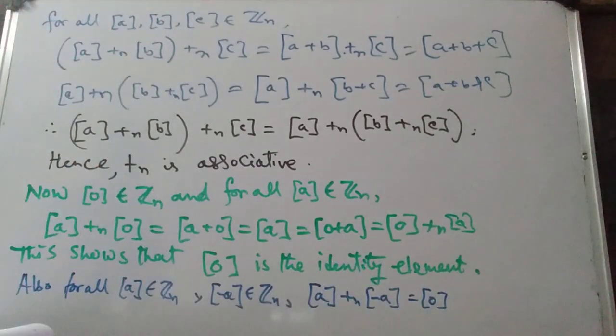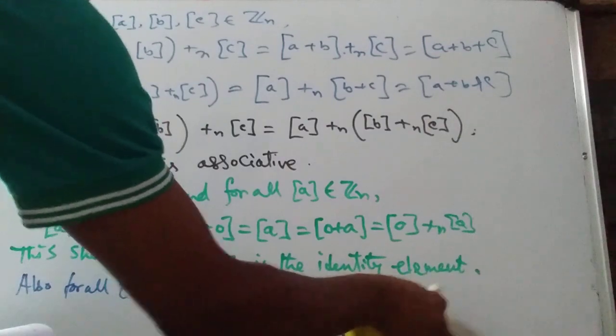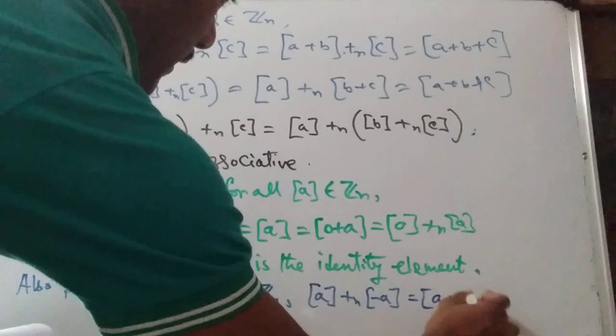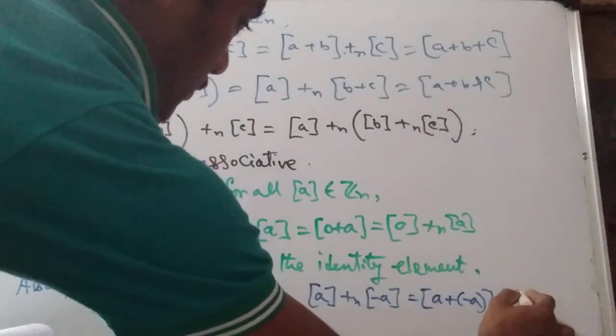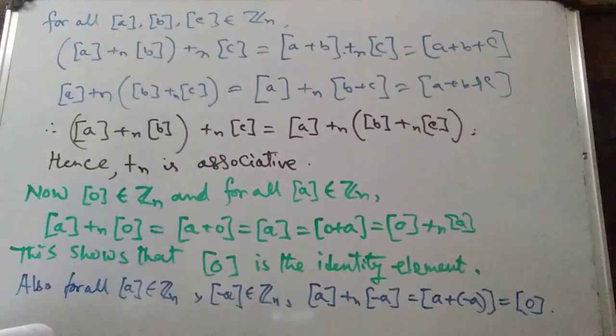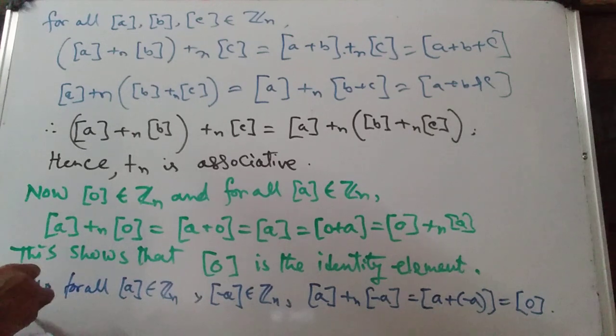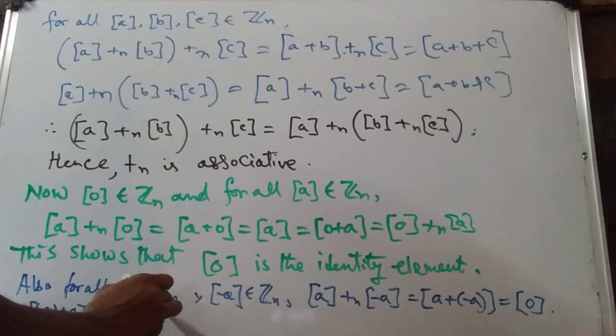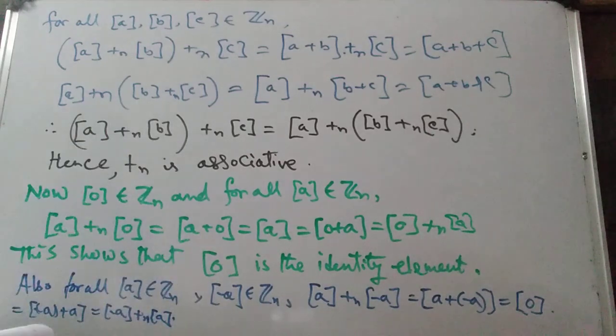Okay, how does this one become 0 so easily? We write it in this way, A plus minus A equals 0 class. Okay, not a problem at all. Understood? And obviously this one equals minus a plus a.